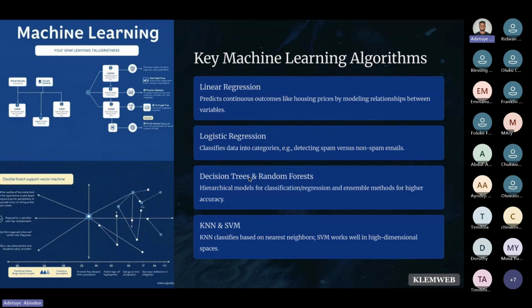So we have logistic regression, to classify data into groups like categories. Let's take for example, in the business world, you say, I want to know the number of people that are loyal to my business.